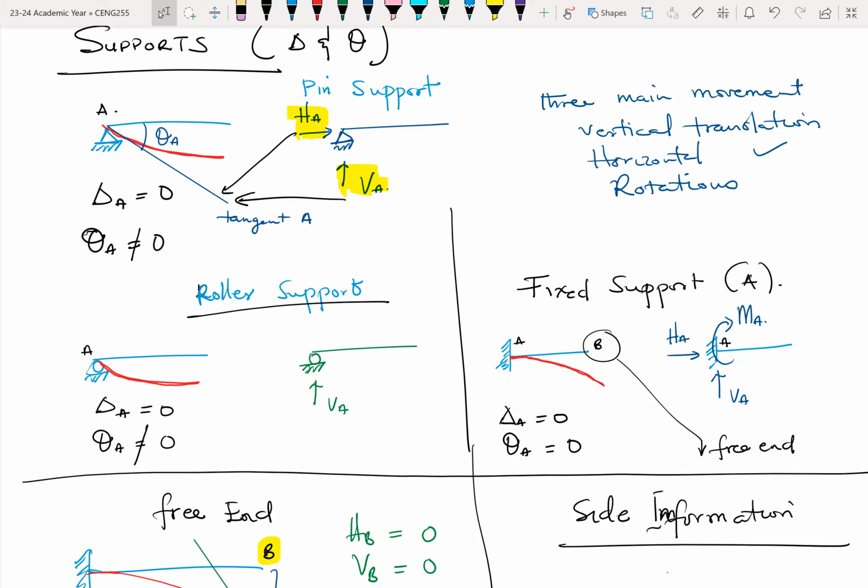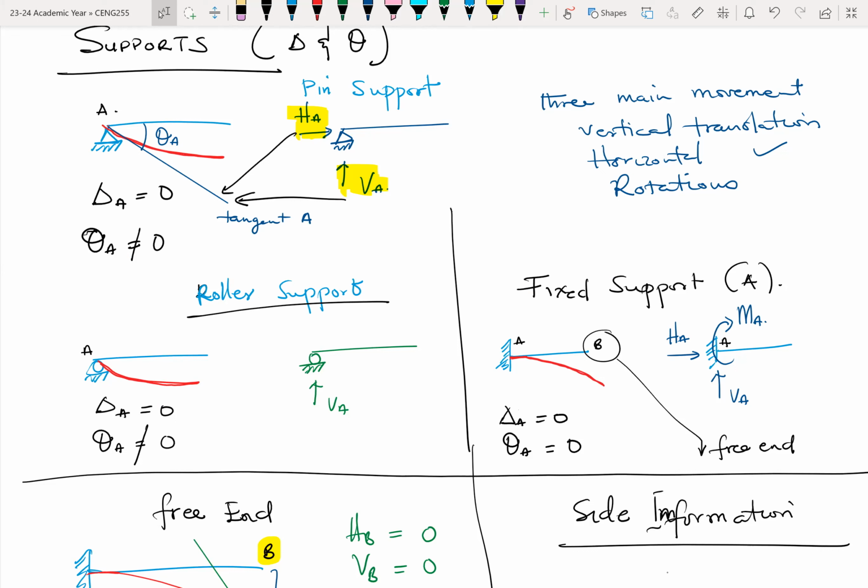If a pin support has a vertical reaction, it prevents movement in that direction. A pin support also has a horizontal reaction, so it prevents movement in that direction. A pin support has no reaction against rotational movement.